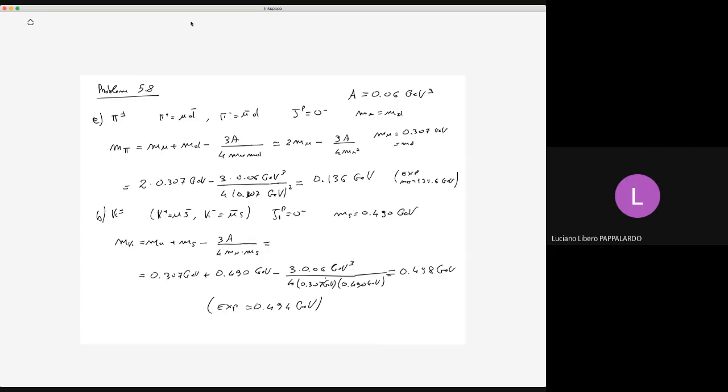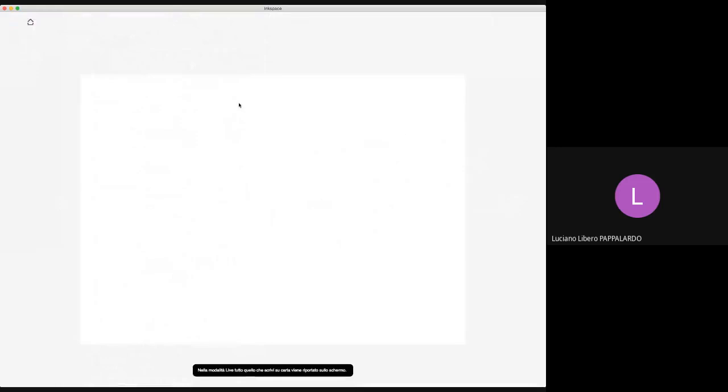Let me just give you the very last example for a vector meson. Let's take, for instance, the phi. The phi is an s s bar meson, as we know. So this is now instead a vector meson, JP 1 minus. So the mass of the phi meson is the mass of the strange quark plus the mass of the strange quark. Now we have to use the other formula, the one for vector mesons.